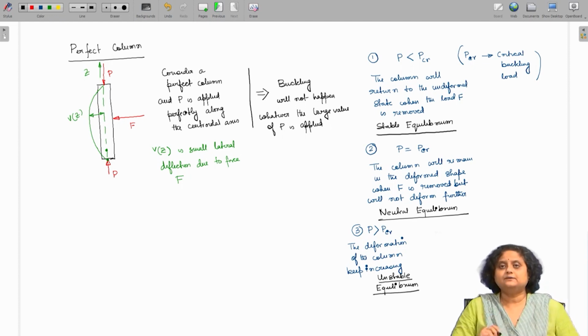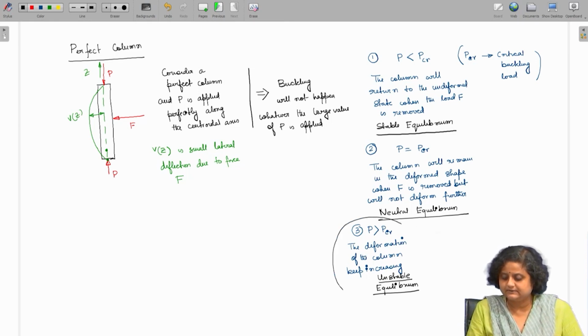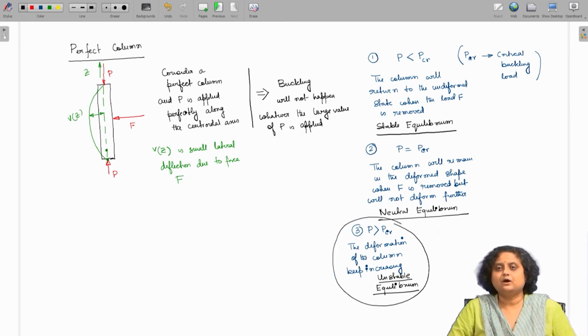Right. So, this condition is a cause of concern, because the deformation can just keep on increasing and can go to a very large deformation, thereby producing large strain and eventually large stress and failure of the column.